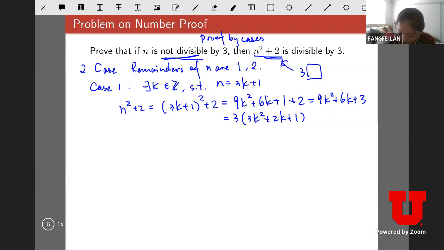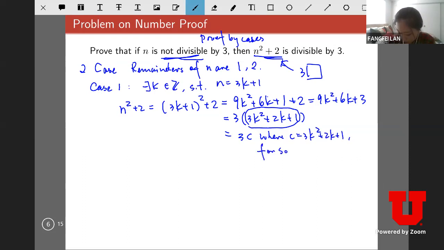By closure property of integers, because all of these things in here are integers, we can write this as 3c, where c is equal to 3k squared plus 2k plus 1 for some c in Z. Now, case 1 is proved, since 3c is divisible by 3 by definition. So n squared plus 2 is divisible by 3 when the remainder of n is 1.